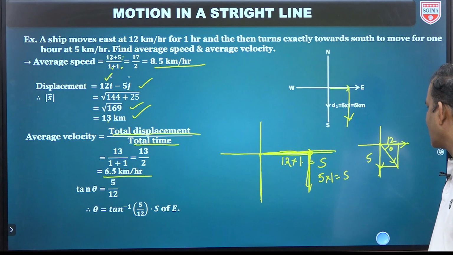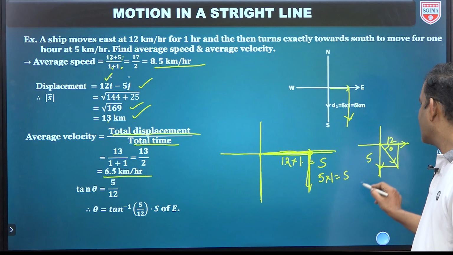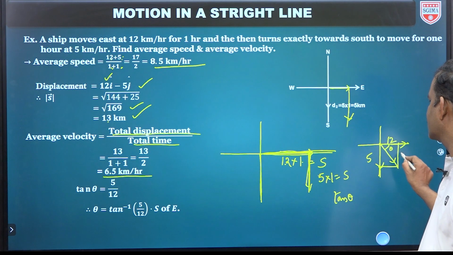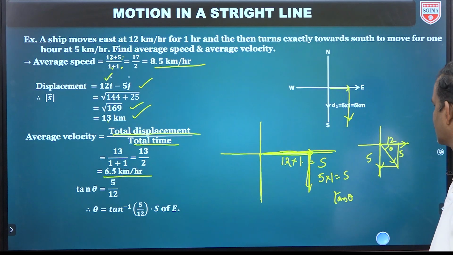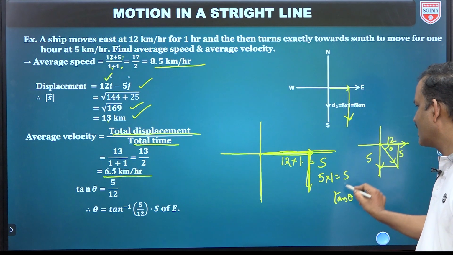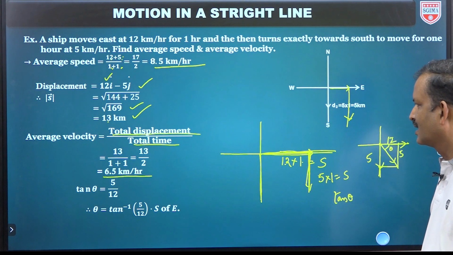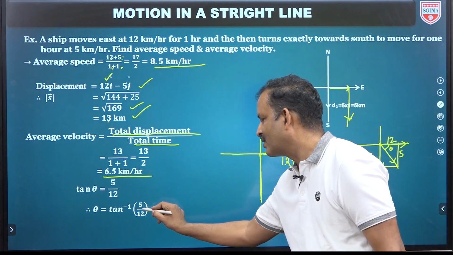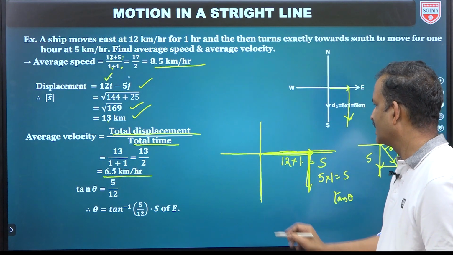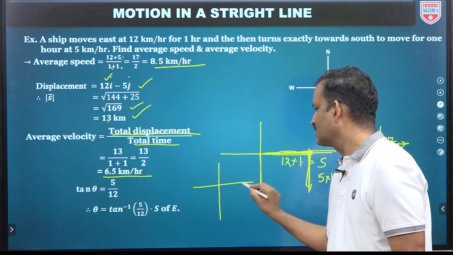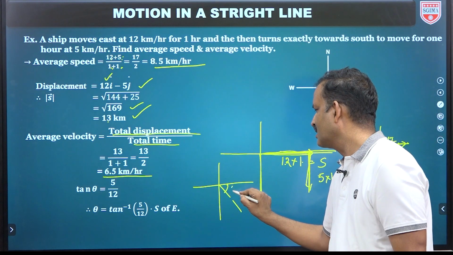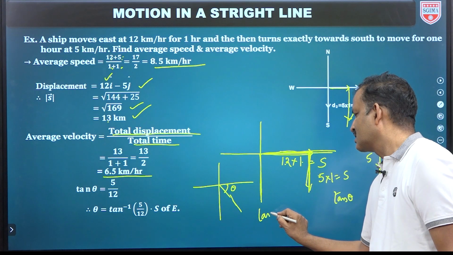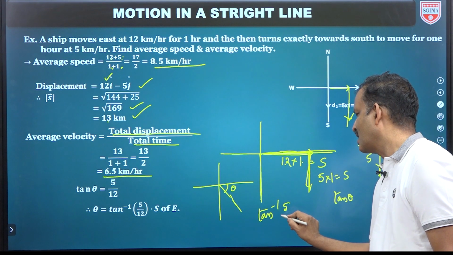Then you can write tan theta is equal to 5 by 12. Theta is equal to tan inverse 5 by 12.